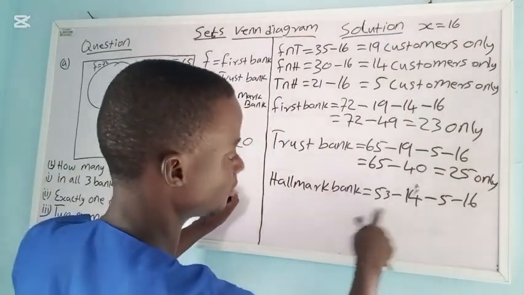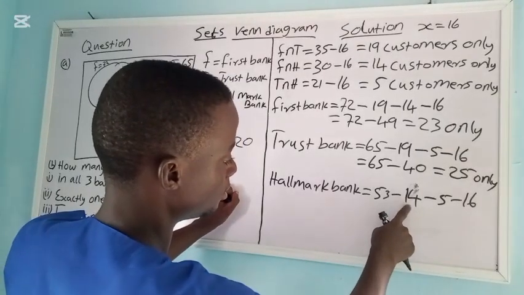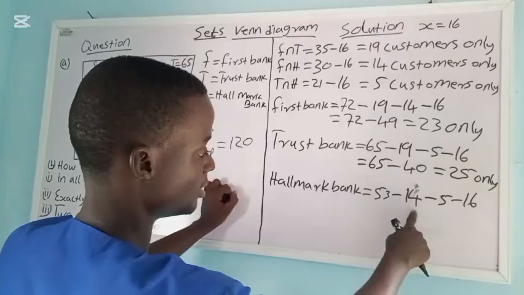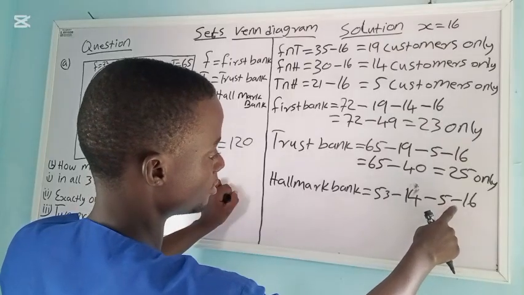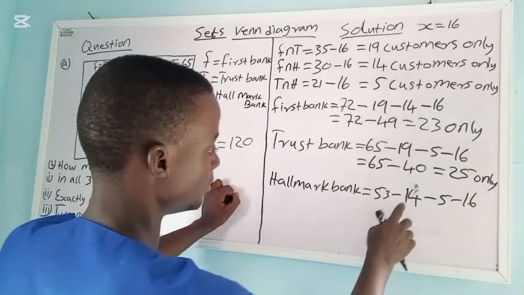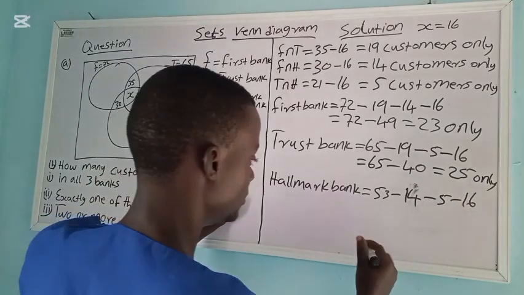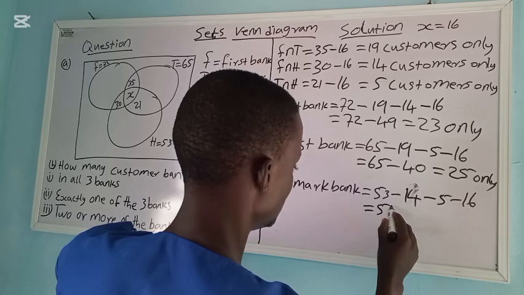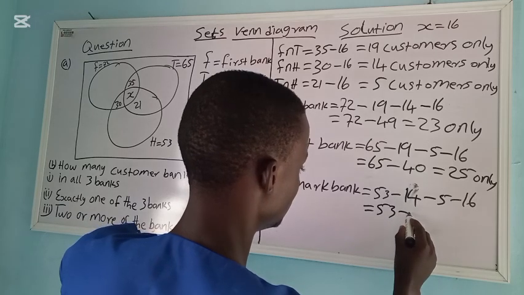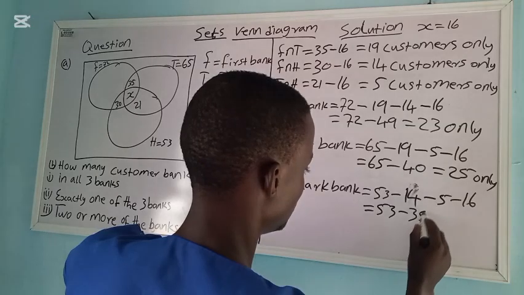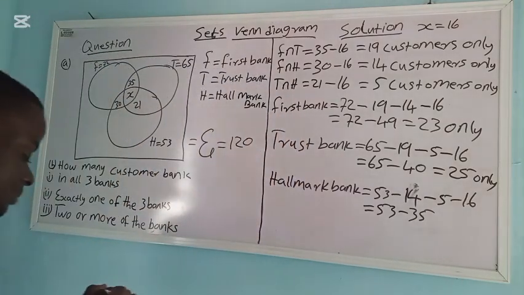So now minus 14 minus 5, that is minus 19. Then minus 16. So we now have 35. We'll have 35, that is equal to 15 to minus 35.